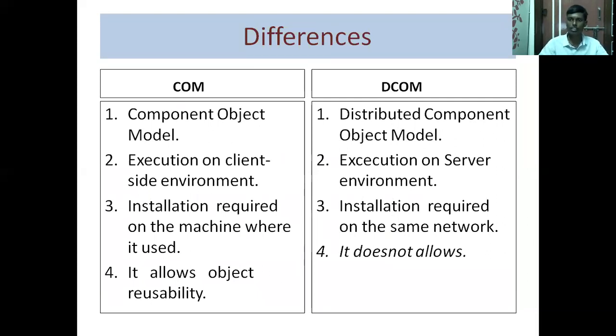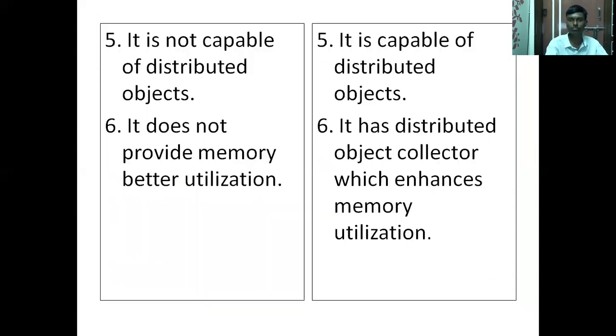The first one is about the abbreviation, the second is the environment, the third is the installation, and the fourth is object reusability, which is supported by COM, whereas not supported by DCOM. The fifth point is about being capable of distributed objects, and the sixth point is about memory utilization, which enhances the CPU utilization.